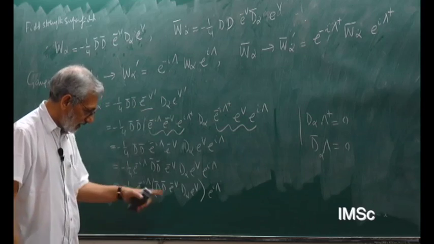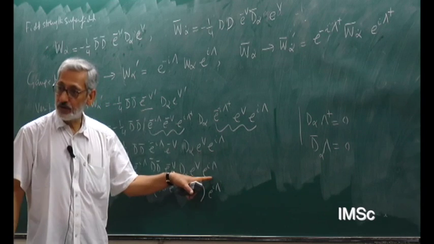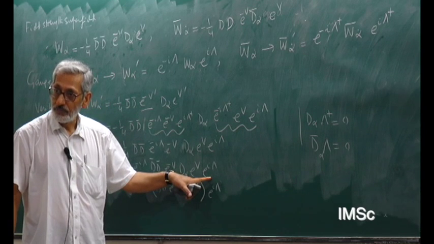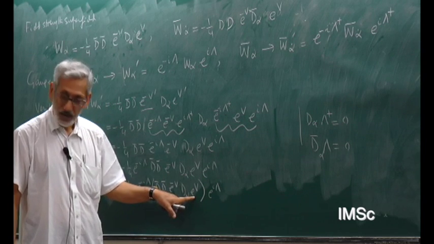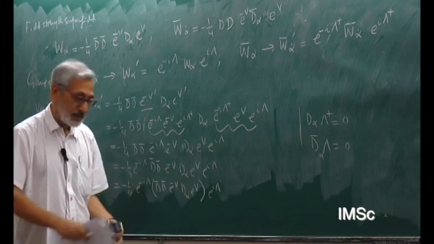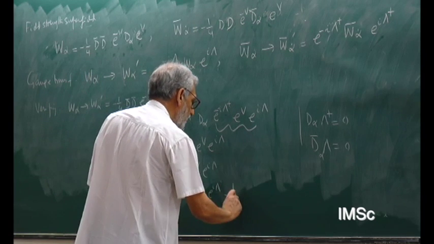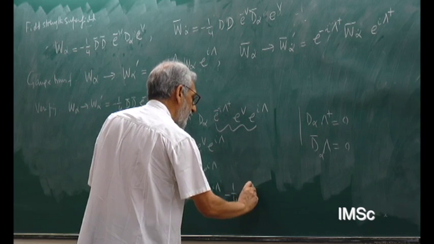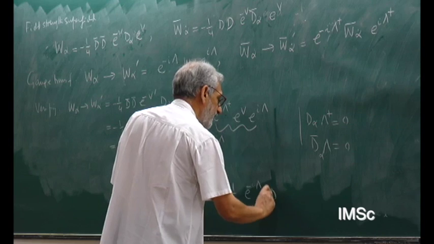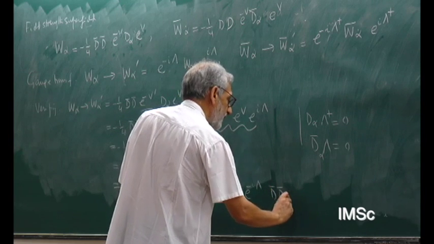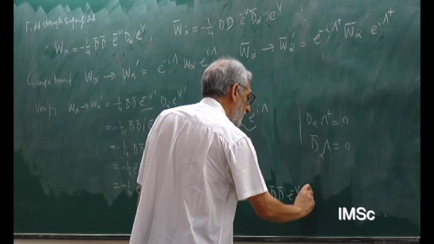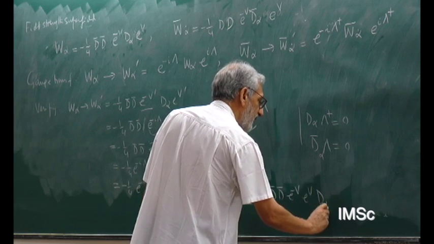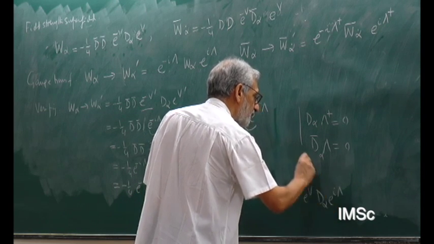Now this d alpha acts on everything on the right, so it acts on e^V in particular, one piece. So I just wrote that. Then minus 1/4 e^{i lambda} d dagger e^{-V} e^V d alpha e^{i lambda}.